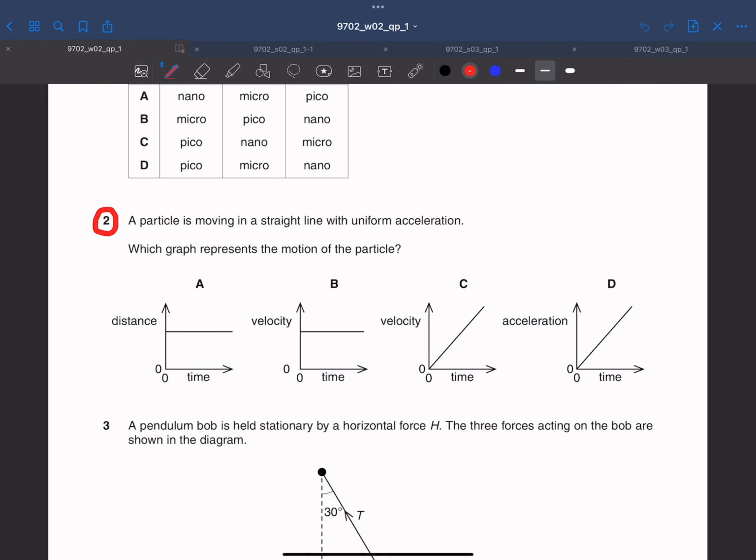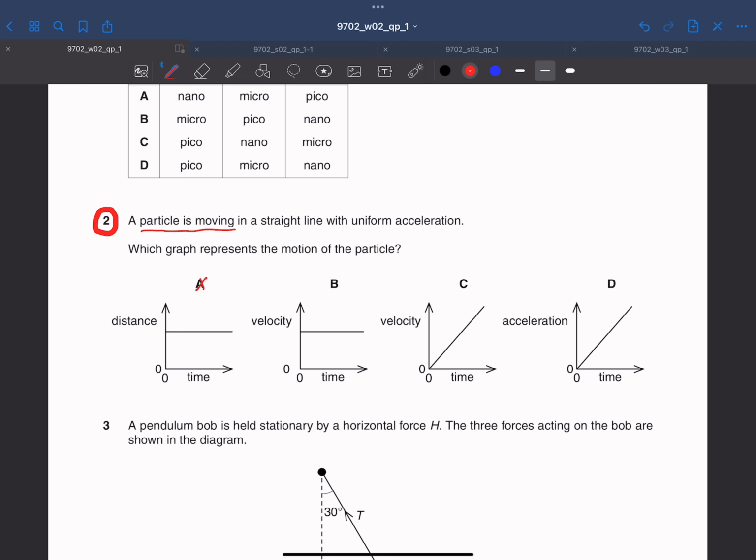Which graph represents the motion of the particle? The first graph shows that the particle is at rest because there is no change in the displacement throughout the time. So you can simply reject this answer.